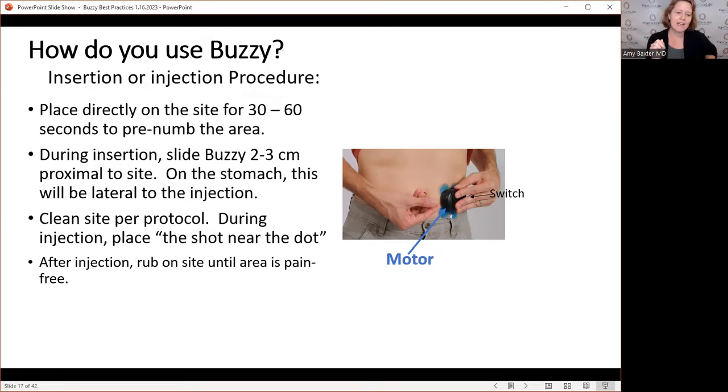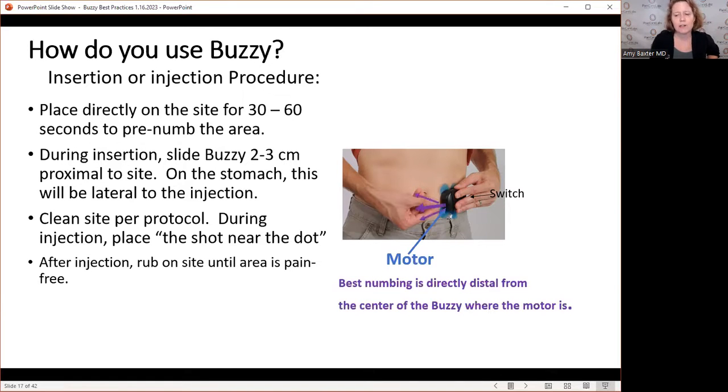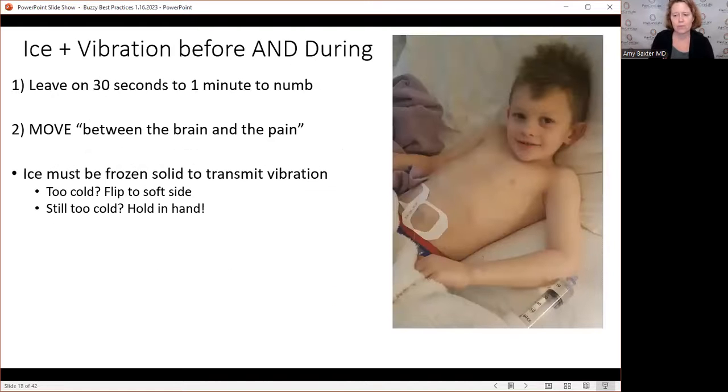Then you're going to slide it laterally in the same dermatome, clean the site, and then do the injection, keeping the shot near the dot. Because the motor is there, that's where the cone of the vibratory inhibition is going, so just teach patients to slide it a little laterally and then go.